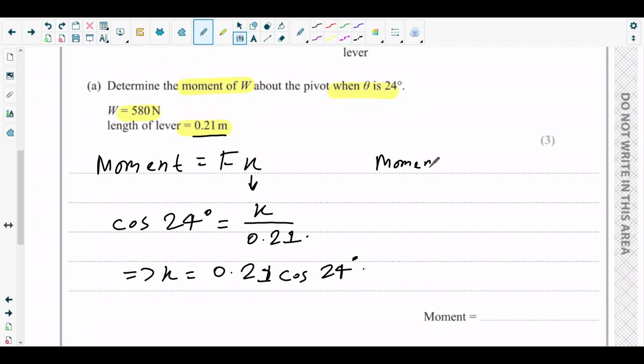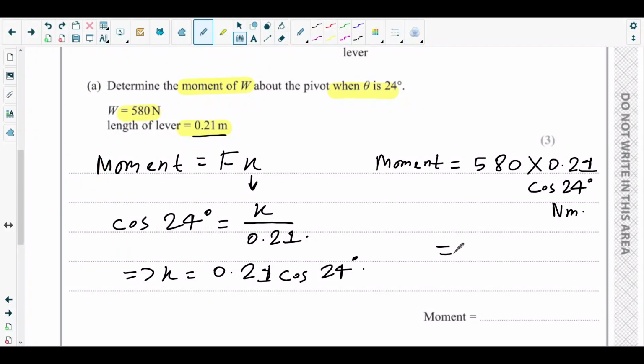Okay, so moment, it is equals to what? Fx, right? So F is the weight, so 580. F is the force W. 580 times 0.21 cos 24 degree. That much Newton meter, right? So let's calculate it out. 580 times 0.21 times cos 24.